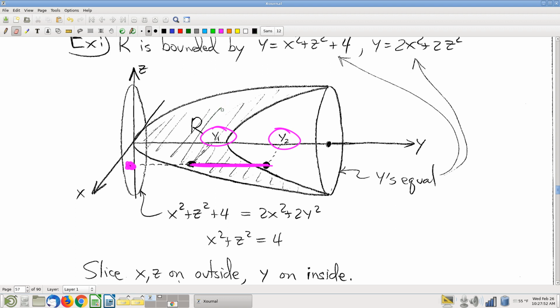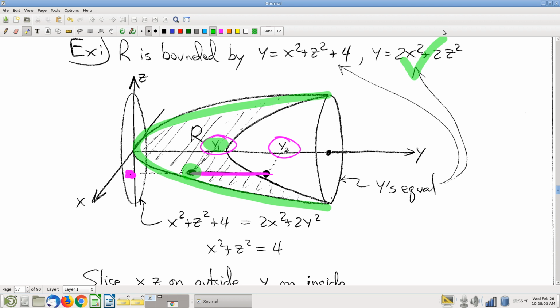This lower bound, determined by that point, is entirely on that surface, with a nice easy equation. Likewise, the upper bound is determined by that point, which is on this surface, which has that nice easy equation. So it's not just that the projection looks good, but that it also leads us to a nice and simple inside integral.